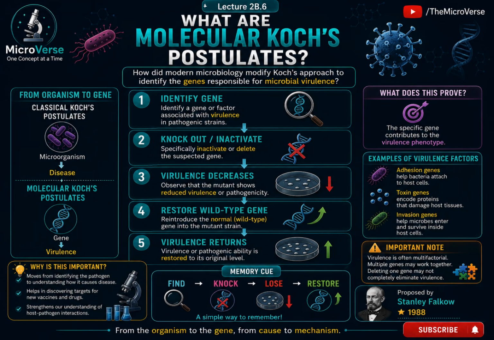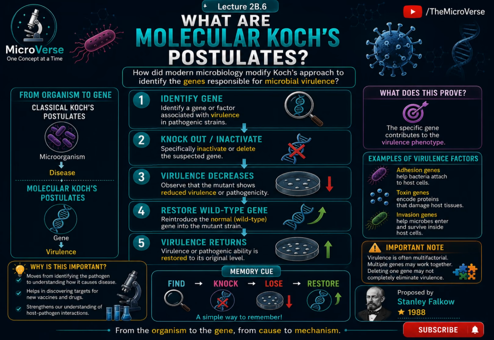The focus is therefore no longer simply on identifying the pathogen. The objective is to determine whether a specific gene or gene product contributes to the ability of the microorganism to cause disease. The first principle is that the phenotype or virulence trait under investigation should be associated with the pathogenic strains of the organism.